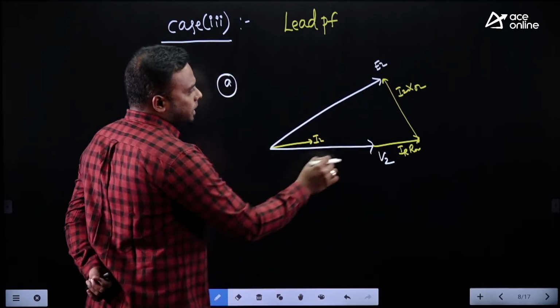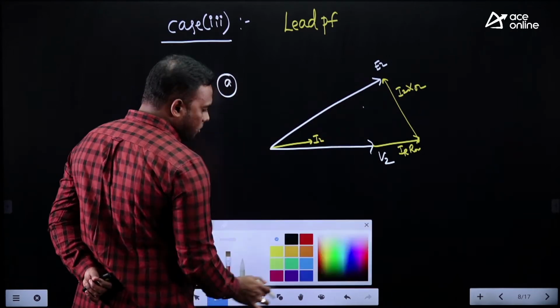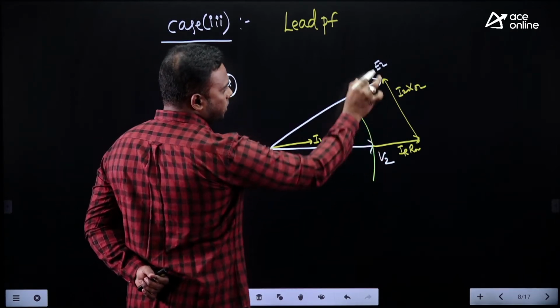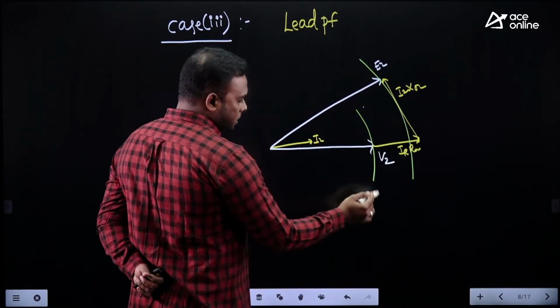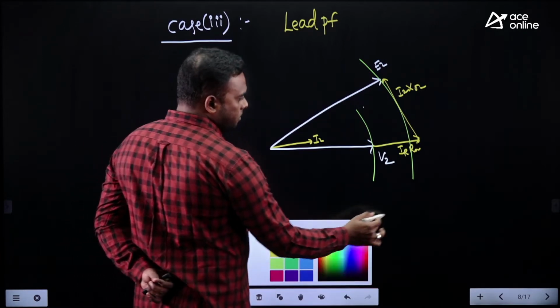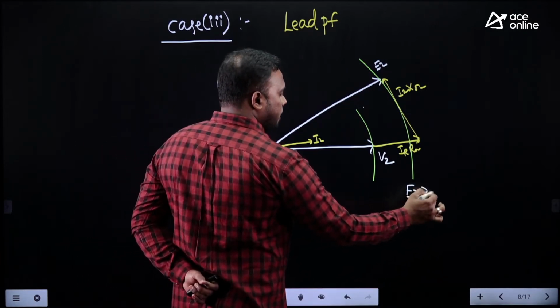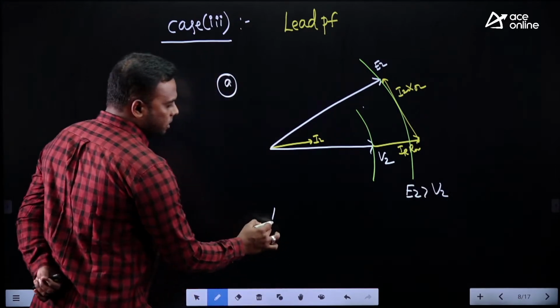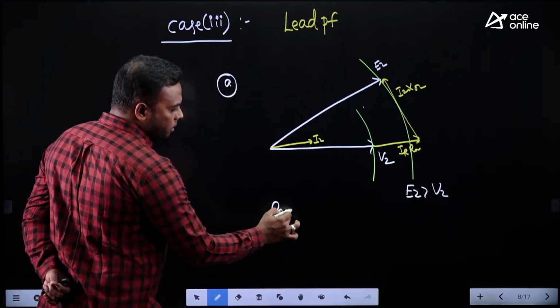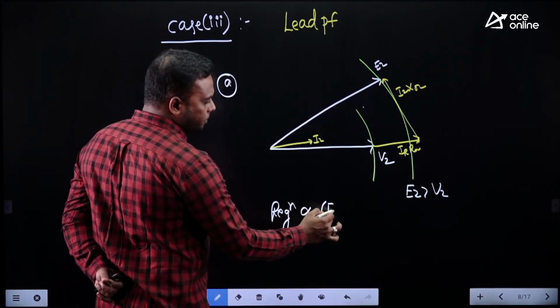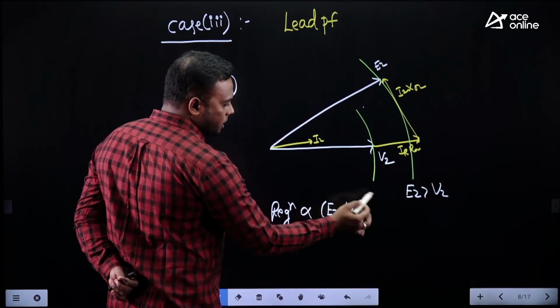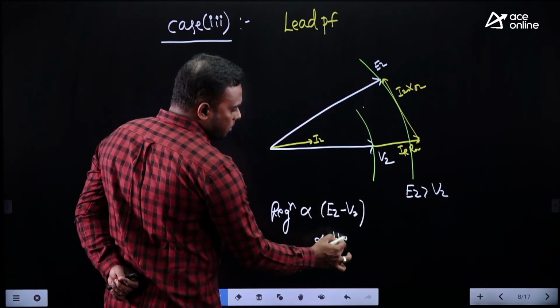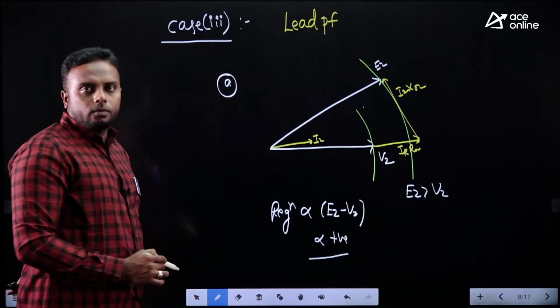Now in this diagram you can also check which magnitude is greater. This is V2, this is E2. Which is greater? Still E2 is greater than V2. Therefore, the regulation we get here is a positive value. But what is this value compared to UPF?